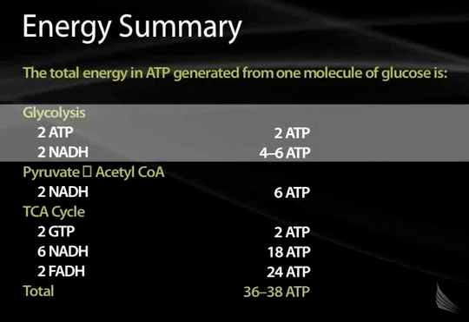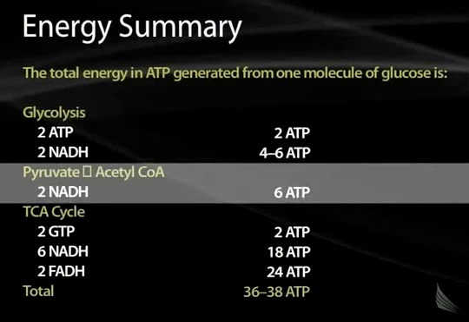And depending on which of those shuttles you use, either they'll be converted to a molecule of NADH, in which case you'll generate 6 molecules of ATP from that NADH, or they'll be converted to FADH2, which can only generate 4 molecules of ATP. So there's a difference there depending on the tissue and the type of NADH shuttle that you're using.